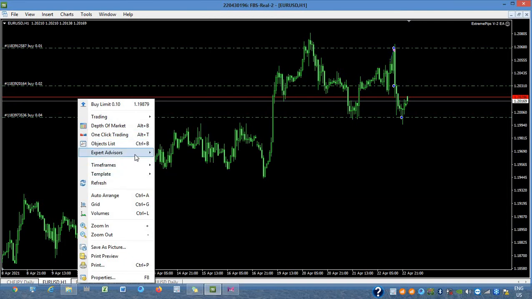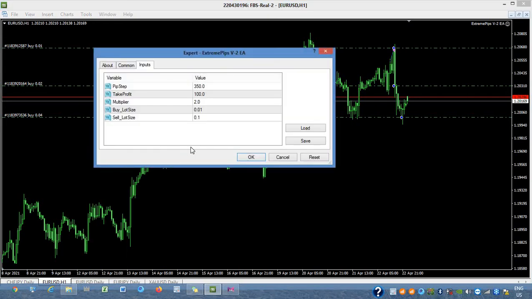The lot size, guys, I changed the sell lot size here. I put 1, which is wrong, because I want to gain more for the bearish. So I put here 0.25.